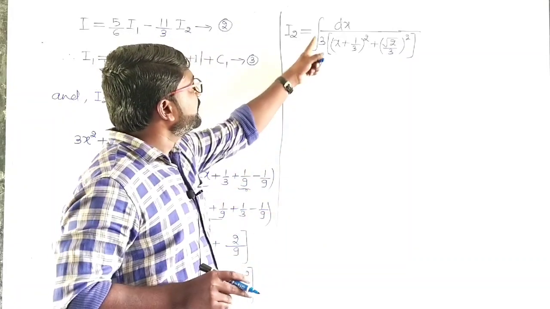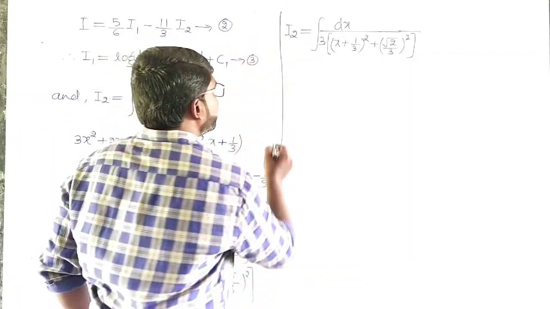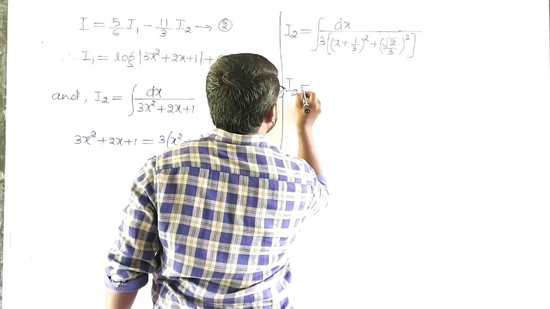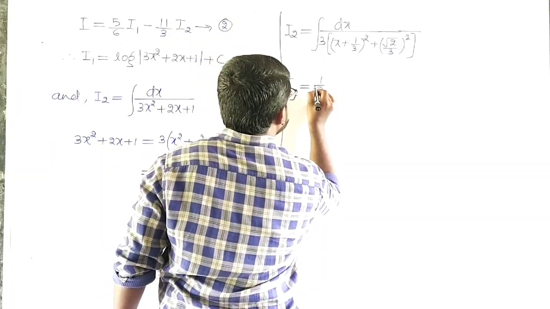So here 1 by 3 is the constant, I write it outside the integral. So I2 is equals to 1 by 3 outside the integral.